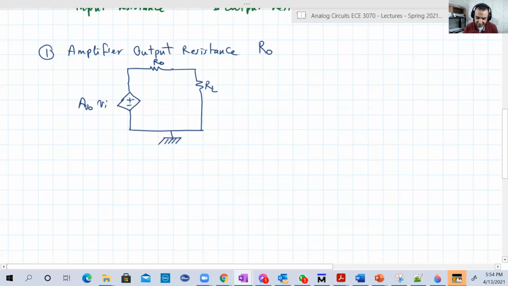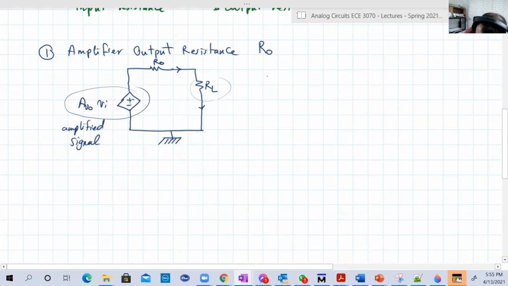Now, remember, the main function of this amplifier is to deliver an amplified input to RL. Here is the amplified signal. And it's a source and there are two series resistances, RO and RL.